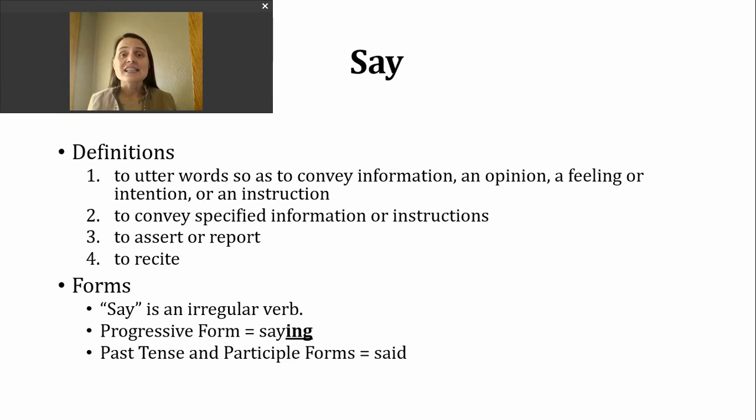And the reason is that A and Y together are making a vowel sound. So the Y is not making a consonant sound, and that's why we don't double the last consonant. The past tense and participle forms are what is irregular, and so say will become said, S-A-I-D.